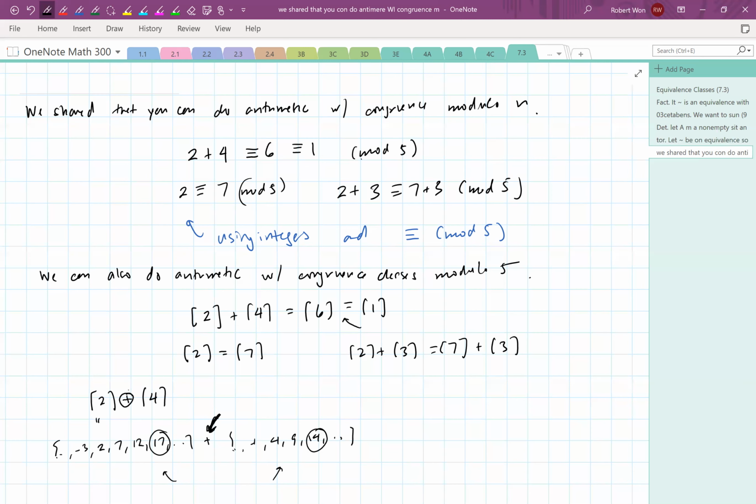That's what your book uses. What this means is just take any element from this equivalence class and add it to any element of this equivalence class, and you'll get an element inside of this equivalence class. By the way, in LaTeX, the way to get this is \oplus, because there's a plus with an O around it.